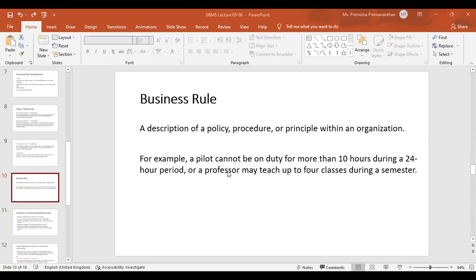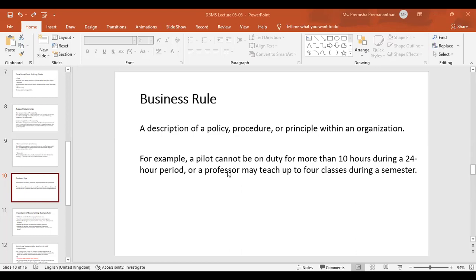In database design, if there is an online database system which allocates the pilot schedule and it doesn't have the business rule, then within 24 hours that pilot may get more than a 10-hour schedule, which will affect the passengers, or may lead to an accident, right?